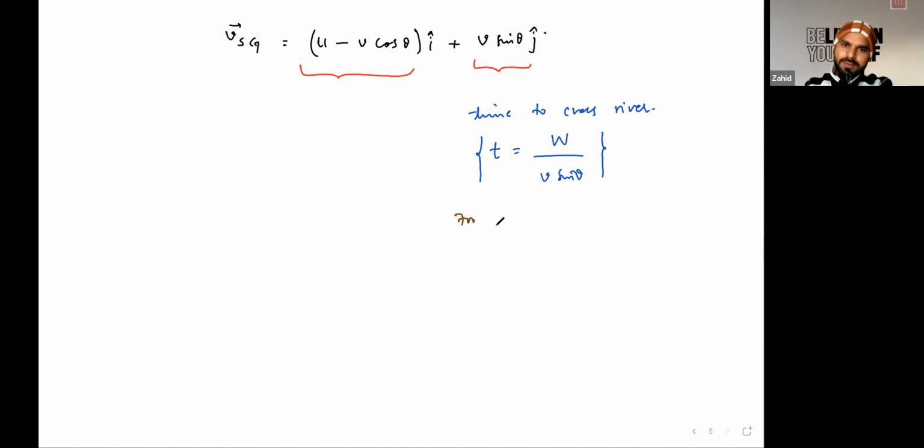So for minimum time, which is also called normal stroke, theta will be just 90 degree. If you put this in the above equation, you'll get T minimum equals w by v.